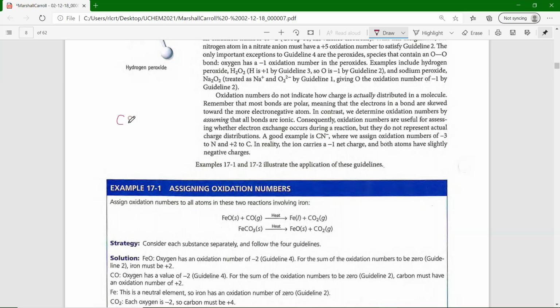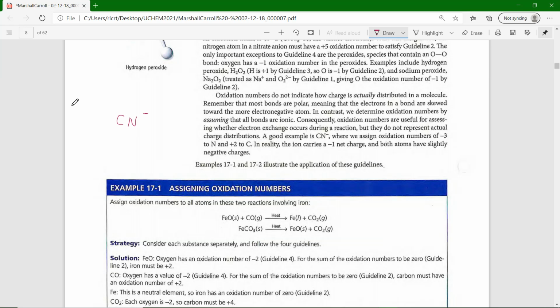CN-, what's the story on that one? This is a good one here. How would we handle that? I mean, I know if it's HCN, no, that wouldn't help either. Hydrogen is +1, CN is minus. Excuse me. CN-, where we assign oxidation numbers of -3 to nitrogen and +2 to carbon.